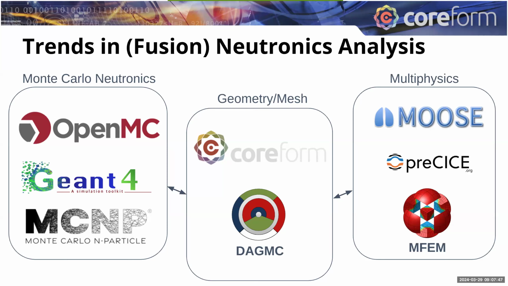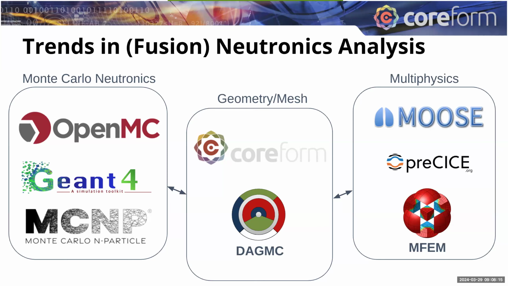Or perhaps we've been doing multiphysics with the CAD model, and now we want to enable Neutronics in that multiphysics simulation as well. So you may have been using something like MOOSE or Precise or MFEM, any of those tools, but the commonality, or the center point of the ability to enable CAD-based Monte Carlo Neutronics using DAGMC, is through Coreform and DAGMC in this space.